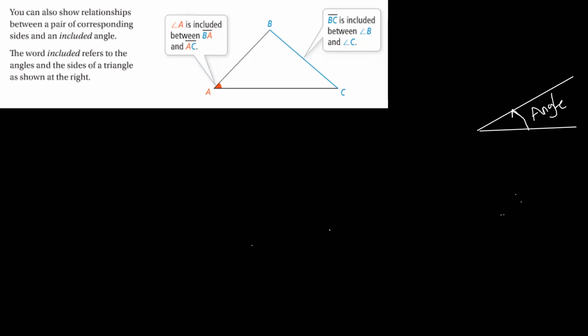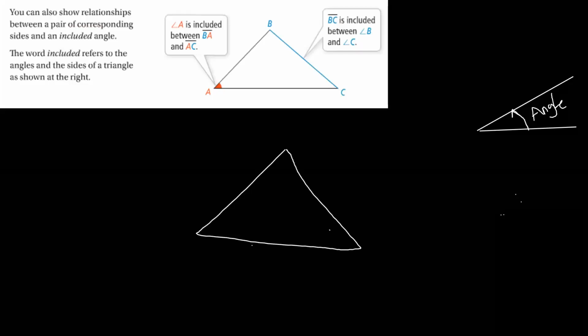If I have this triangle as an example, here we have a triangle, and here we have an angle, and here we have an angle. Now why do we name it a triangle? It has three angles.